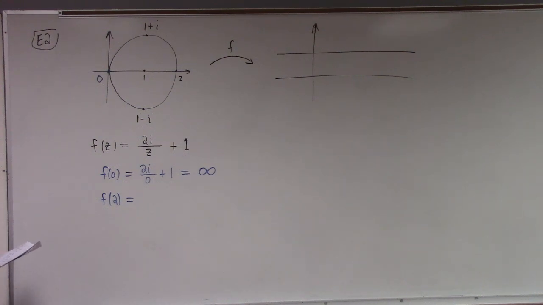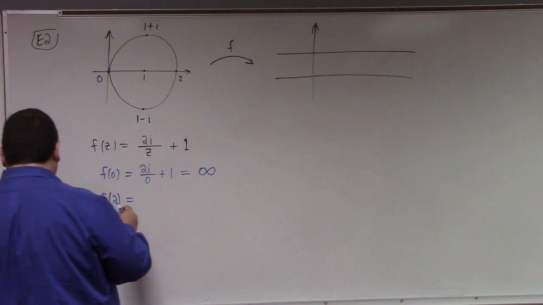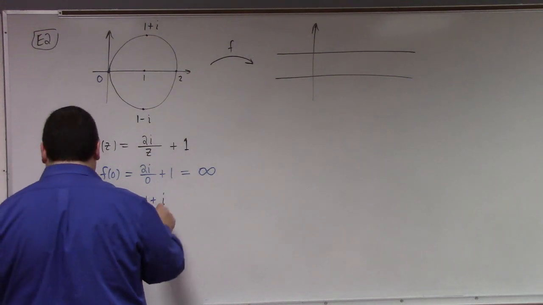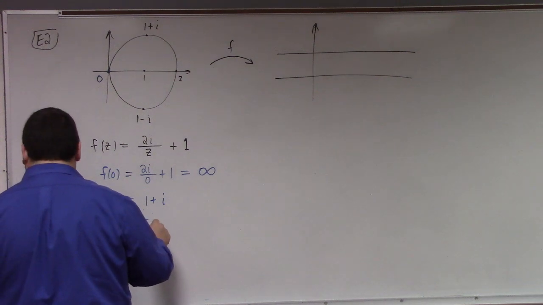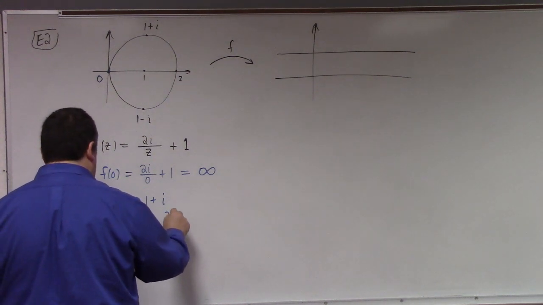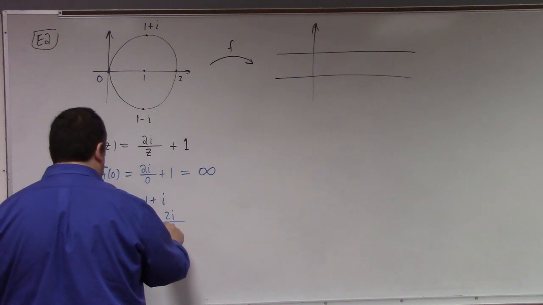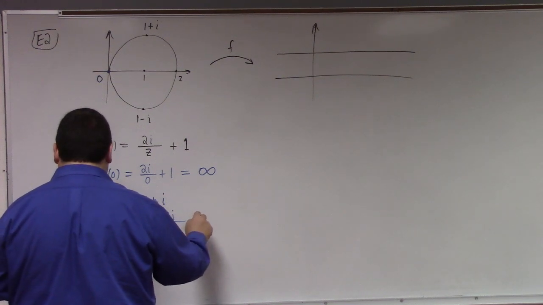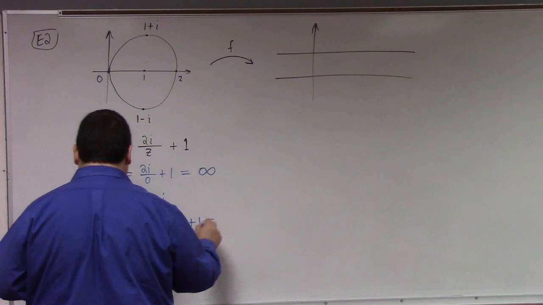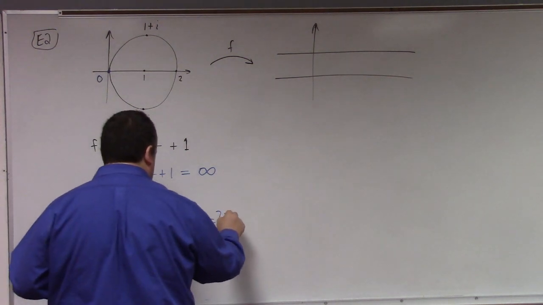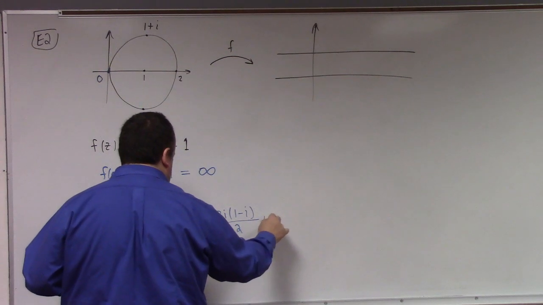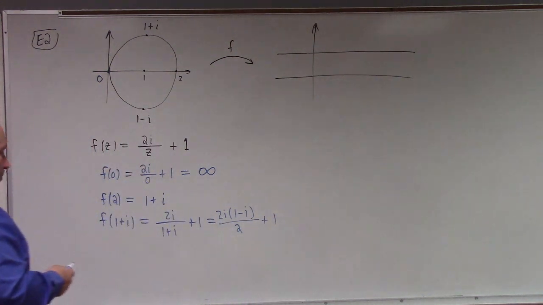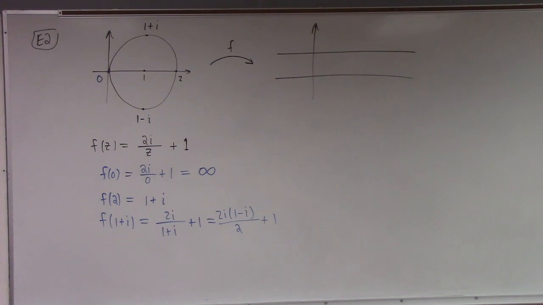So 2 plus f of 2 is 1 plus i. f of 1 plus i is going to be 2i over 1 plus i plus 1, which is 2i times 1 minus i over 2, plus 1, multiplying by the conjugate of the denominator.